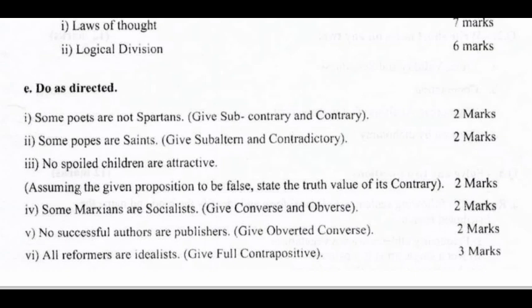So here also, basically what they are telling us to do is to convert this sentence, this statement or proposition into its subcontrary and contrary, subaltern and contradictory, and truth value of its contrary, converse and obverse, obverted converse, full contrapositive.